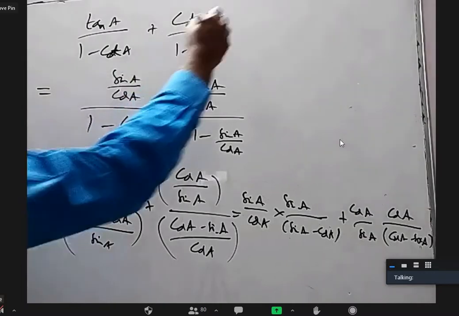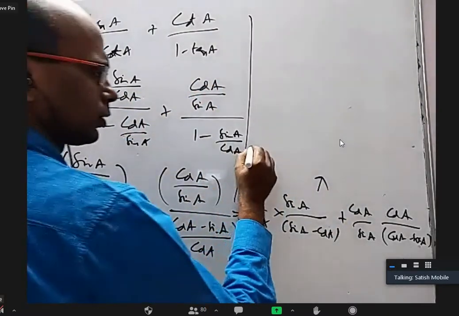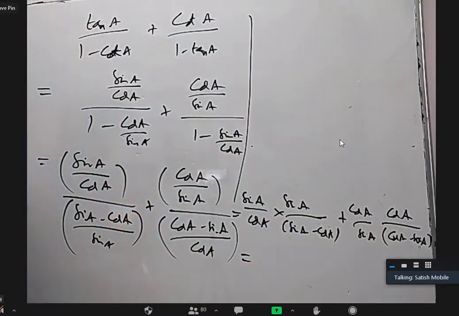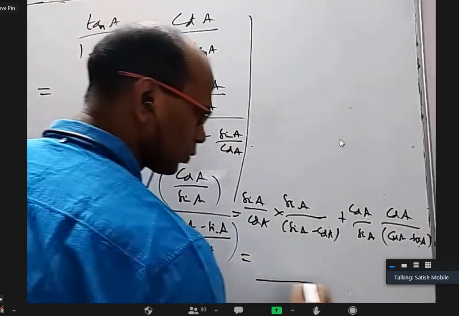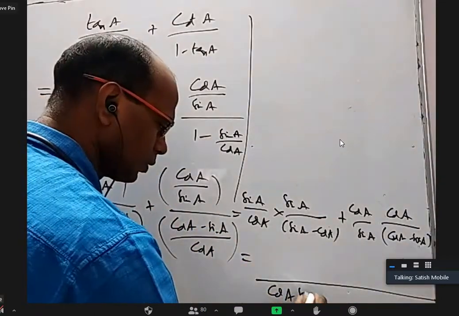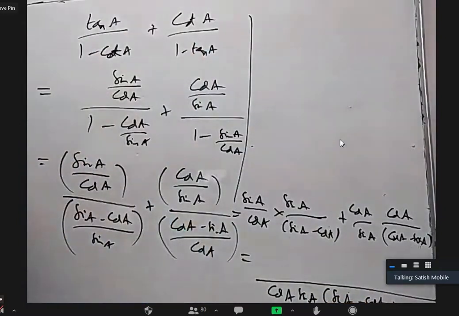So I will write here, maybe in the next step we'll see. Not a problem. Okay. So here in the whole denominator, the LCM of these two I can write cos A into sin A into sin A minus cos A.